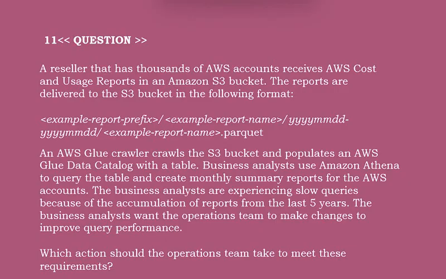Business analysts use Amazon Athena to query the table and create monthly summary reports for the AWS accounts. The business analysts are experiencing slow queries because of the accumulation of reports from the last 5 years. The business analysts want the operations team to make changes to improve query performance. Which actions should the operations team take to meet these requirements?